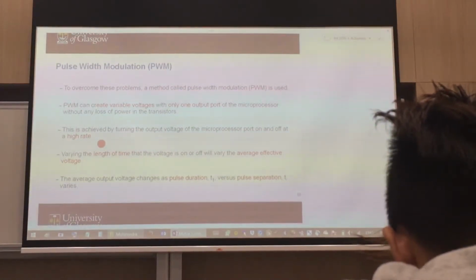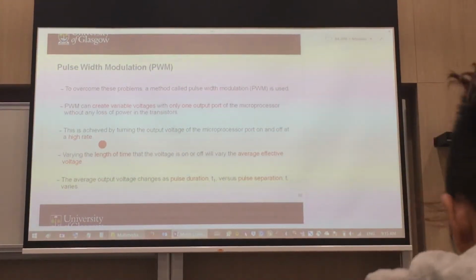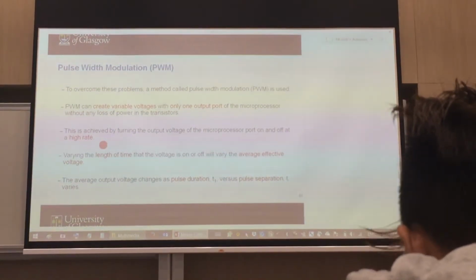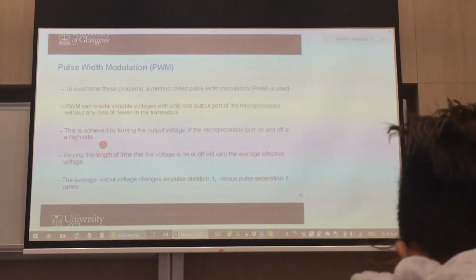What I was trying to demonstrate is that if I switch the light at 50% duty cycle at a fast enough speed, or higher frequency, you find that the light is not fully on. You get partial lighting. That partial lighting is actually what we want.